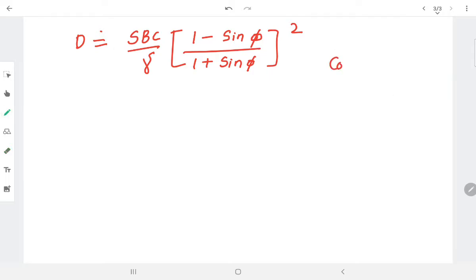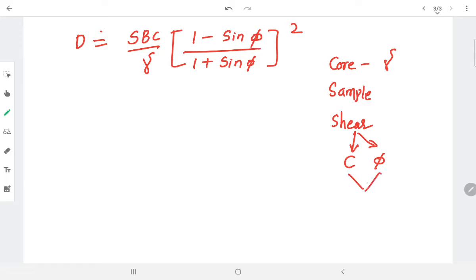When you conduct the core test, you will get the density of soil. Sampling will be done along with the core cutting, and the shear test will be done. It may be a direct shear test, vane shear test, or triaxial shear, whatever it may be, but it gives two parameters, C as well as phi.